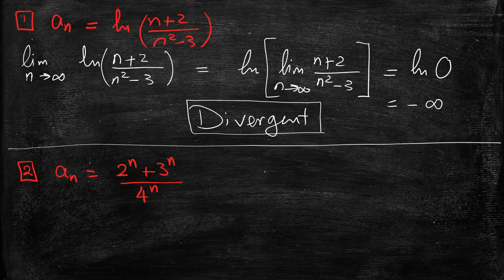The second one, which is (2 power n plus 3 power n) divided by 4 power n. Again, if I need to take this test here, it will be the limit problem when n approaching infinity, (2 power n plus 3 power n) divided by 4 power n. As we also did in some tips about the limits in the previous slide, each number greater than 1 to the power n would give us infinity, so this will be infinity over infinity.